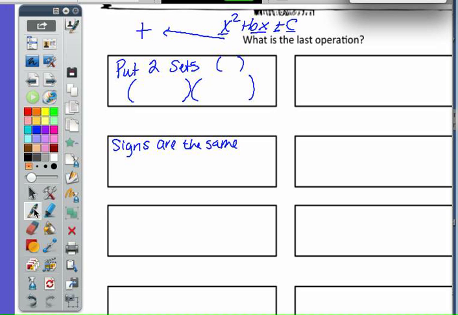And then the signs will be whatever the first operation is. Okay, I promise this will make sense when we're all the way through.